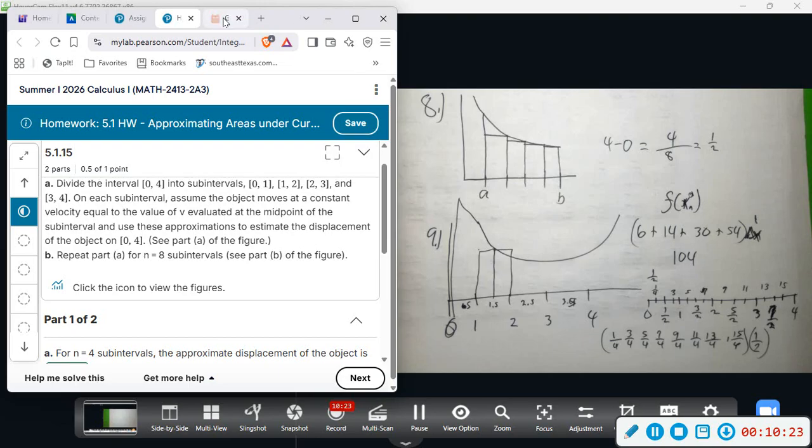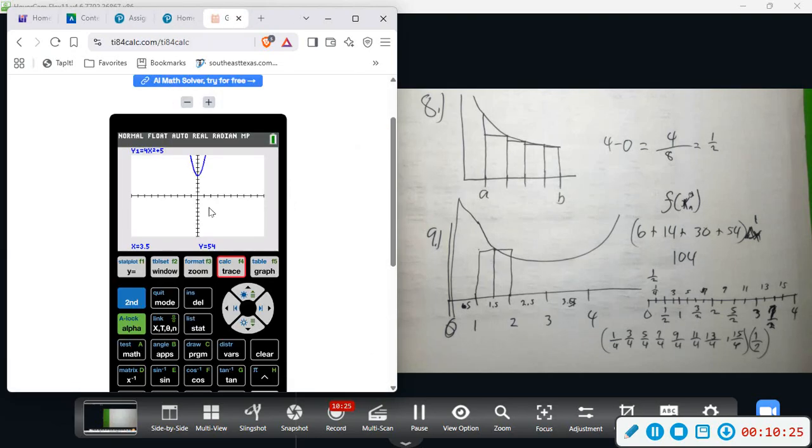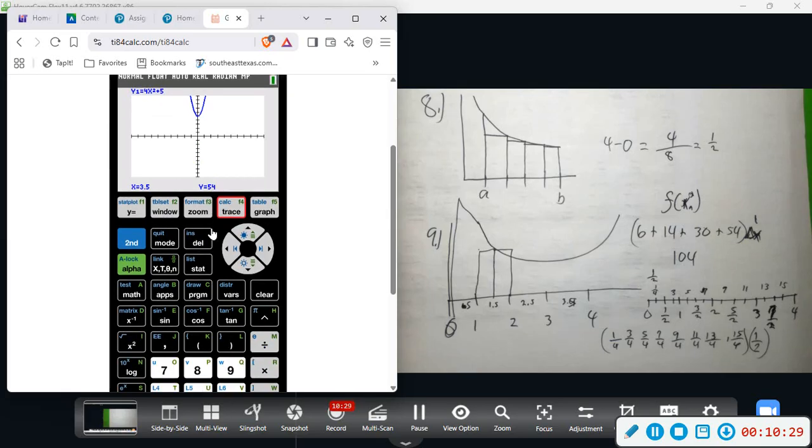So I'm going to go back to the graph. It's the same curve. And my midpoints this time are fractions. So I'm going to say 1 divided by 4 instead of 0.25. Just do it in fractions. 1/4 gives me 5.25.